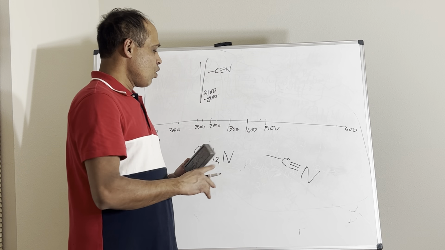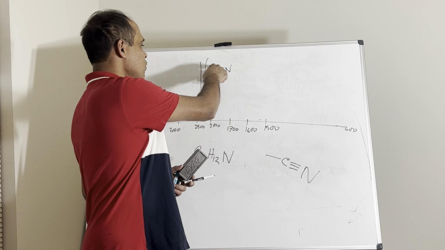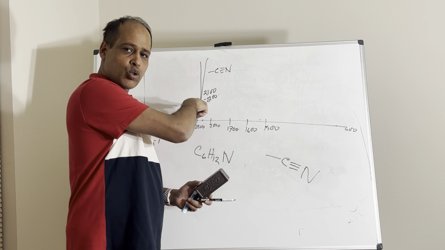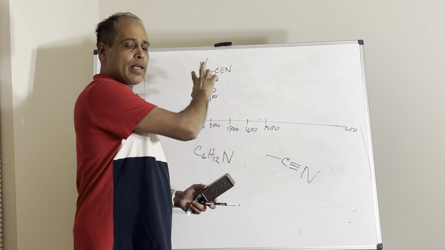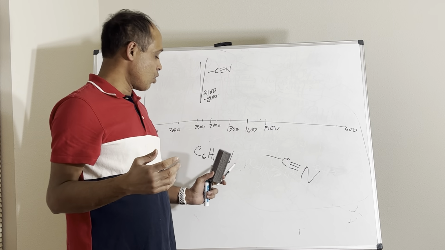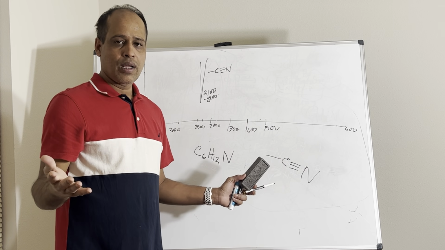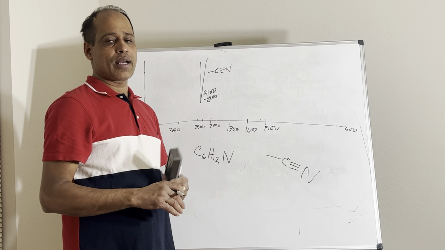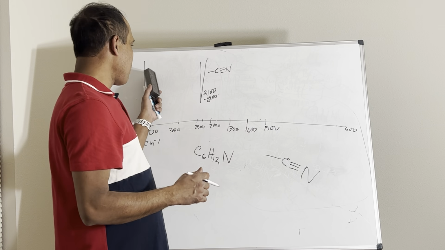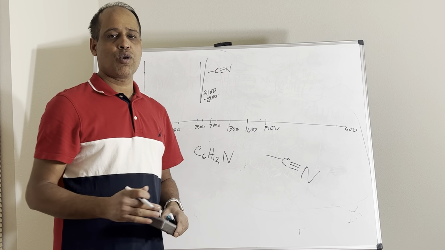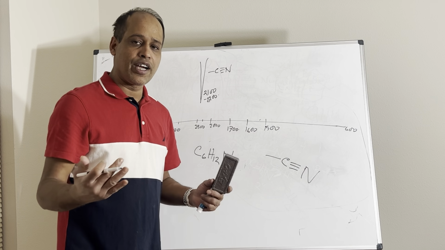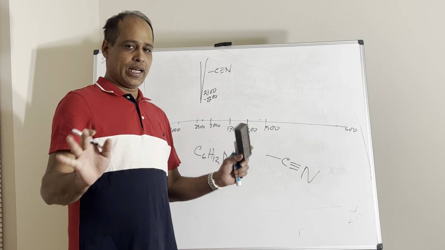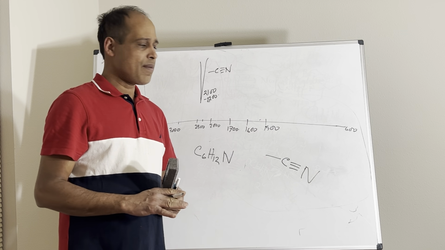And then look for the nitrile. If you see any band here, like 2100 to 2200, you can say, okay, that nitrogen has a nitrile group. If it is not there, then since there is no nitrile and no band, my nitrogen will be a tertiary amine, or 3 degree amine. I hope it is clear to you.